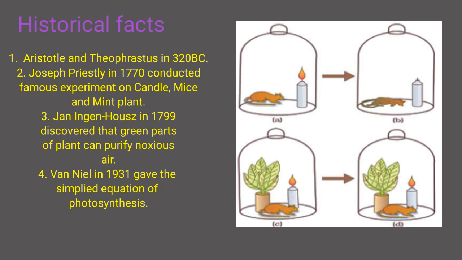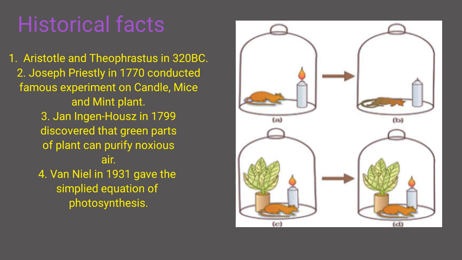But the outcome of the experiment is that the air inside the glass jar didn't allow either another candle to burn or the mouse to survive. That means the mouse and the candle in that glass jar are not compatible with each other.